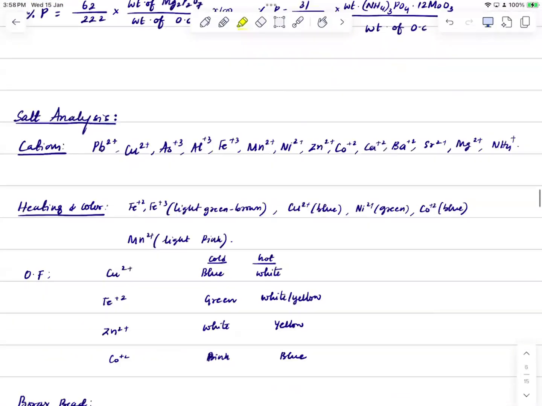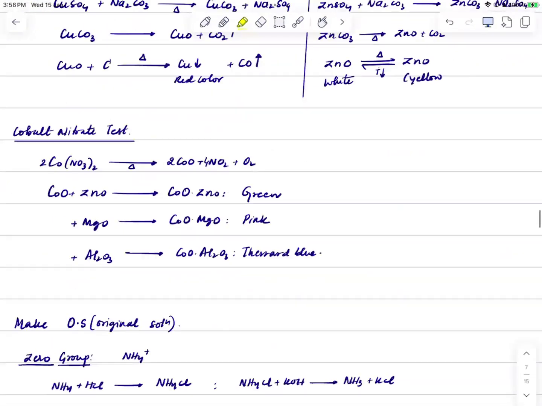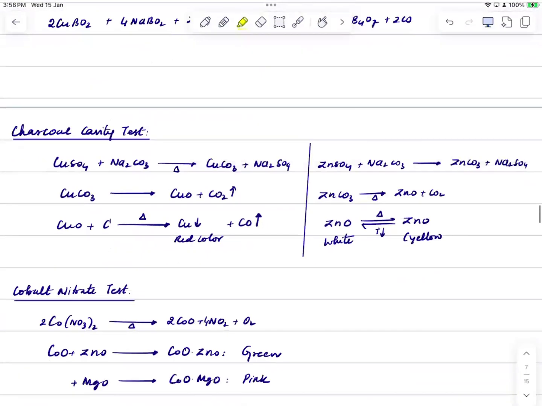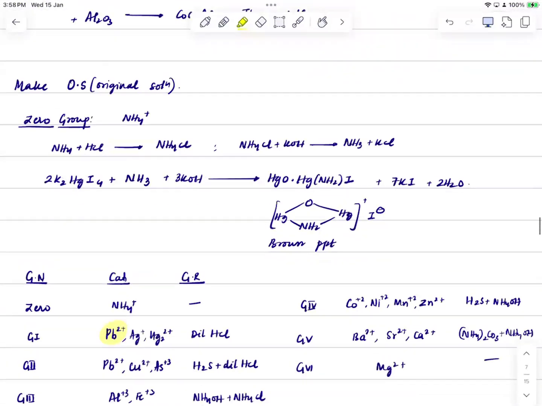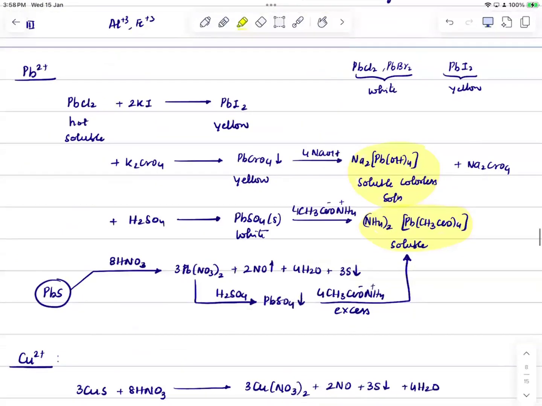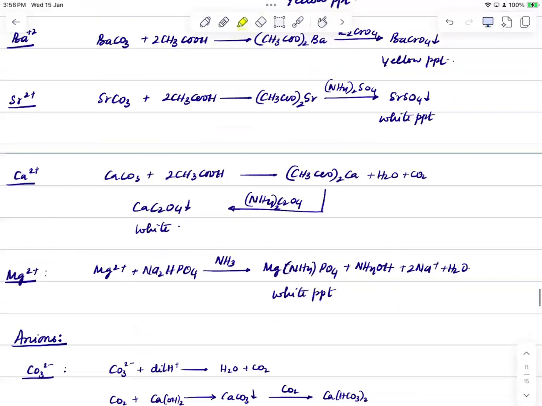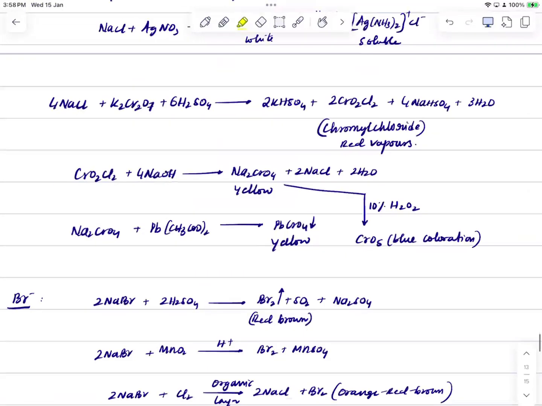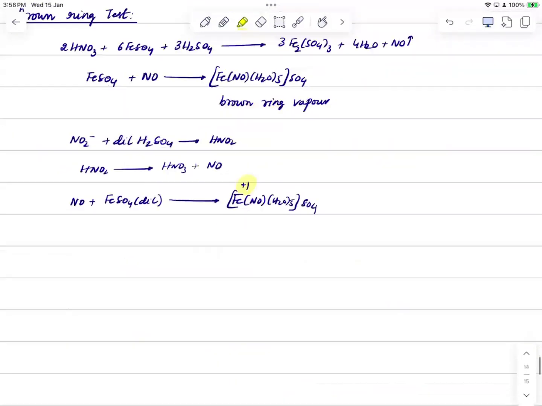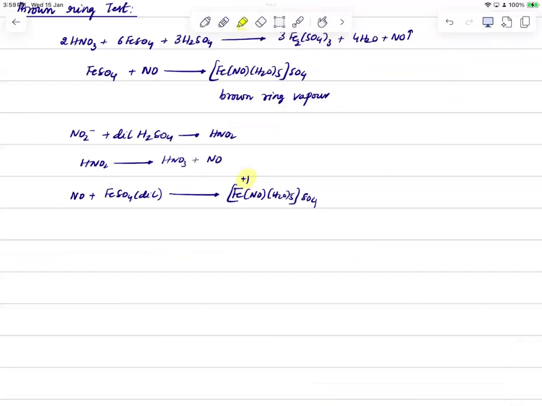And then check out Lassaigne's test. Kjeldahl's is a very important area. Then the cobalt nitrate test. Then the borax bead test and their colors. After that, what are all the cations and their confirmatory tests, as well as anions and their confirmatory tests. Clear, everyone? So I'm hoping that this should help you out.